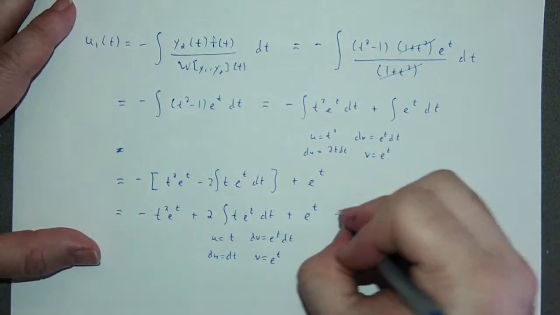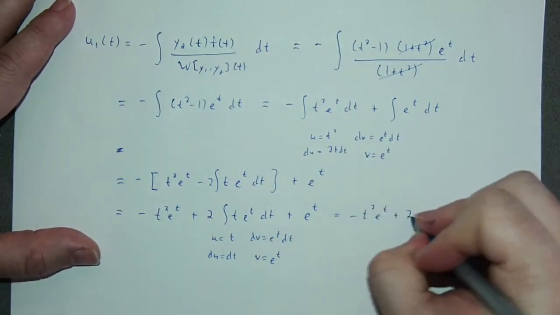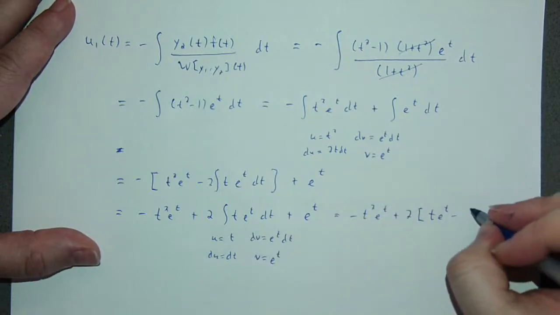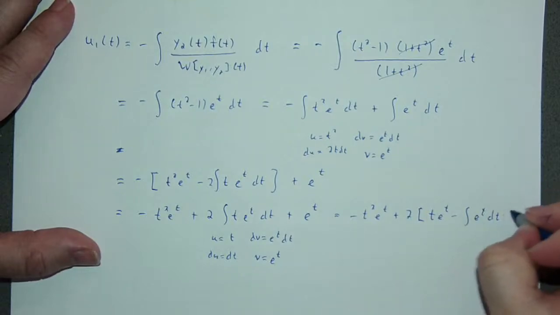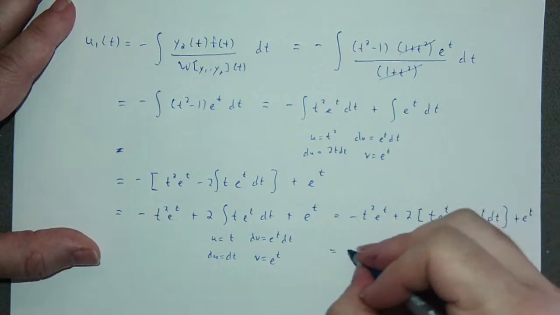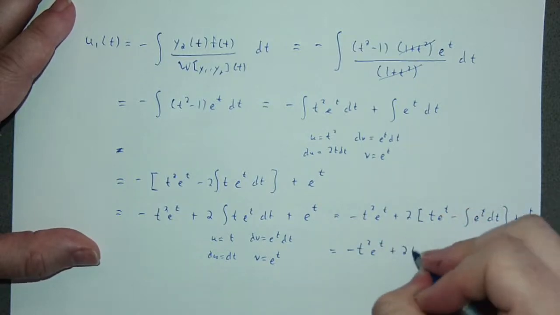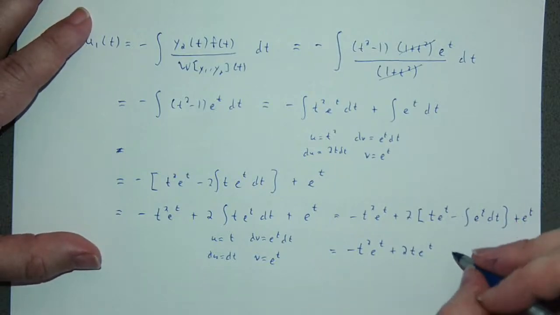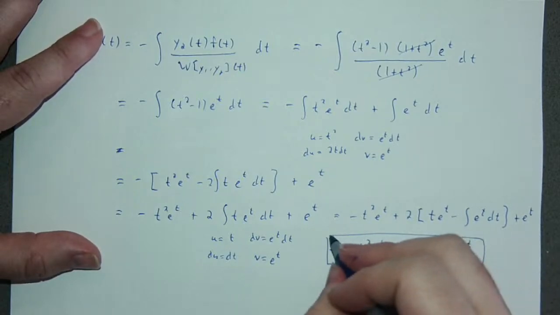So writing out integration by parts again, this is minus t squared e to the t plus 2 times u times v, which is t e to the t, minus the integral of v du, so that's e to the t dt, plus e to the t. So this is minus t squared e to the t plus 2t e to the t minus 2 e to the t plus e to the t, so that's minus e to the t. There we go.